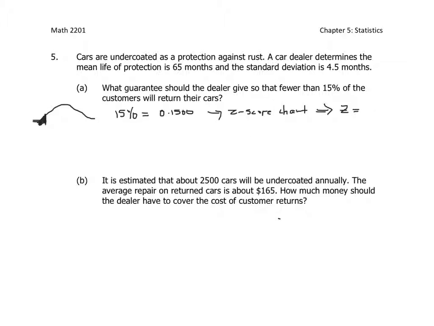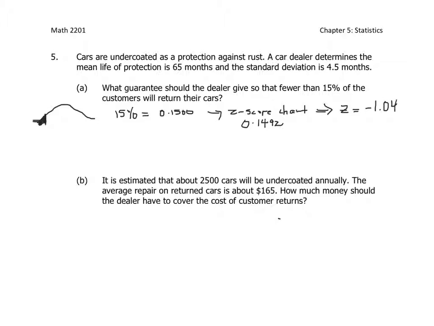On the z-score chart, 0.1492 is as close as we can get to that. So that goes with a z-score of negative 1.04 on the z-score chart.